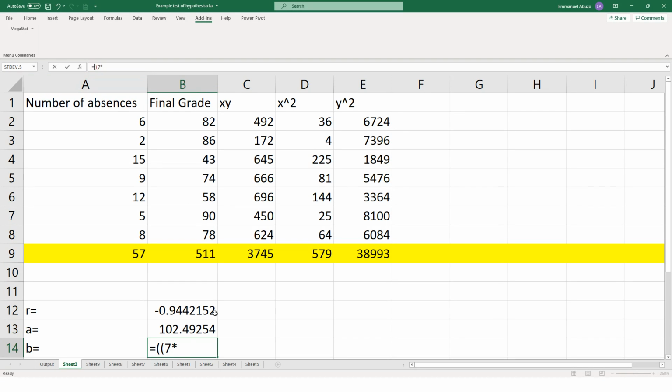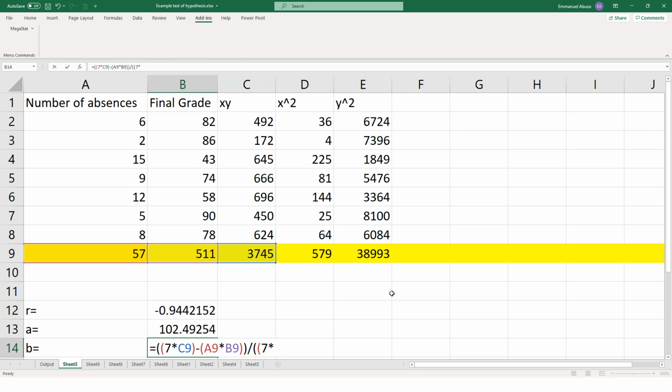So times the summation of our xy, close, minus the summation of x, which is the number of absences, times the summation of y, which is the final grade, closed. Another close for the numerator. For the denominator, we have two open parentheses again. Then we have 7 times our x squared.